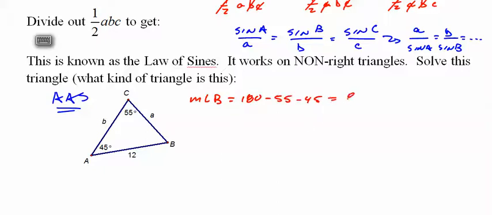I believe that's 80 degrees. Yep. So I like to write it in if I can. And then law of sines makes life pretty easy. 12 over, yeah, I actually do it with the A on top, sine of 55 equals B over sine of 80.